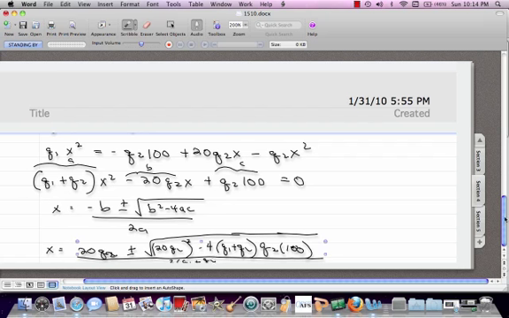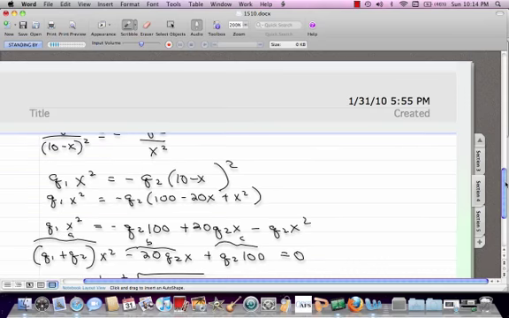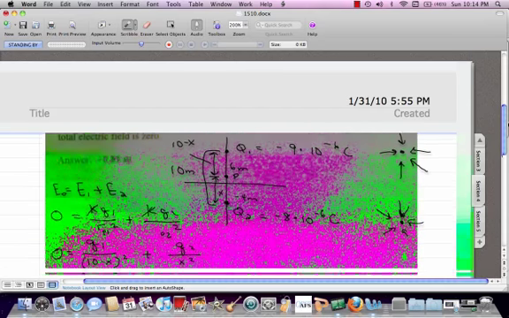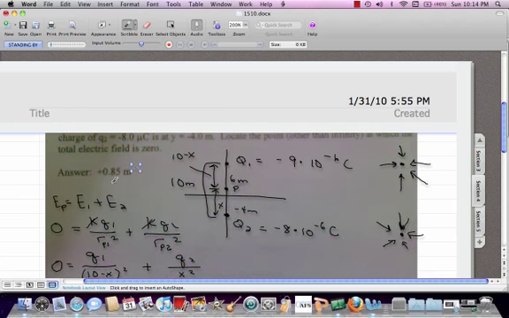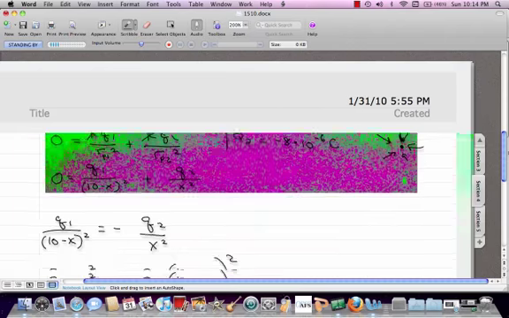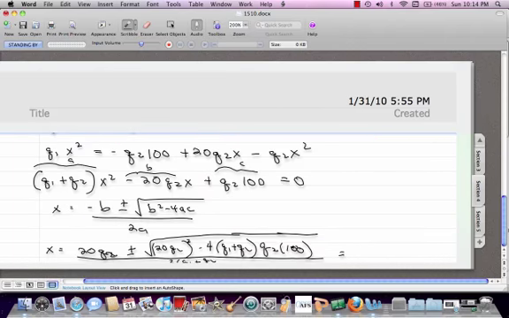Okay, so now I'm going to move up a little bit. And I'm not going to work this out, but you'll find that x is equal to this positive 0.85 meters. Well, so that x should be equal to 4 plus 0.85. So I'm guessing when you solve this, you'll get x is equal to 4.85 meters.